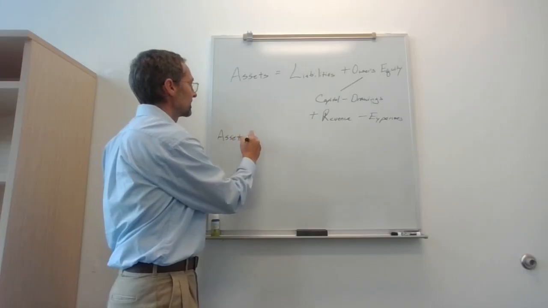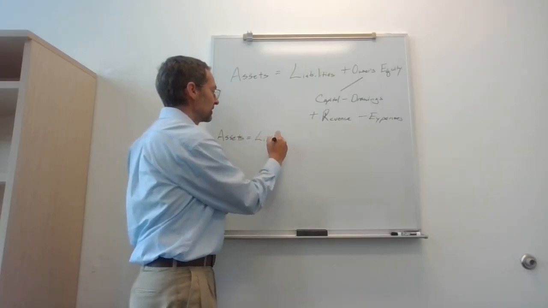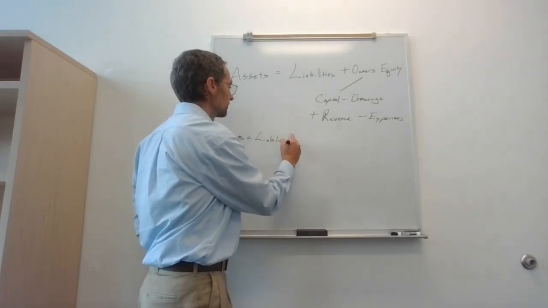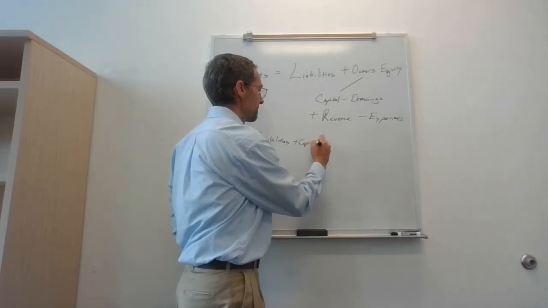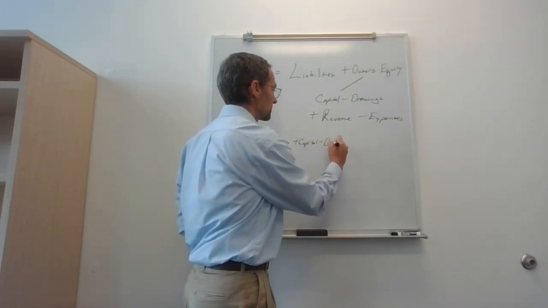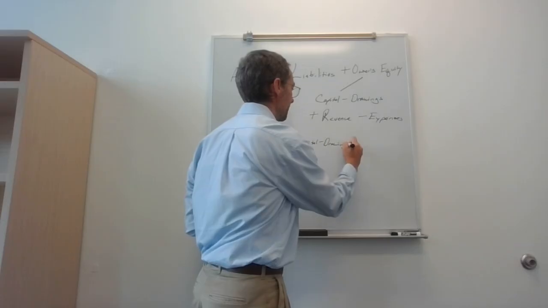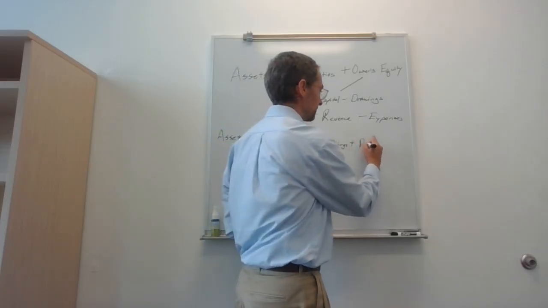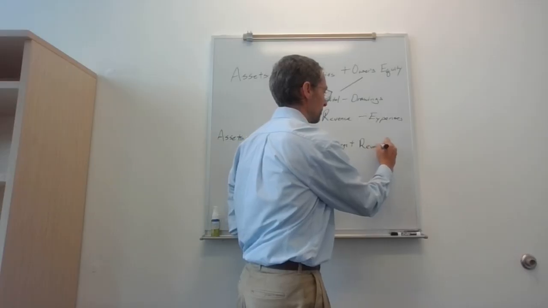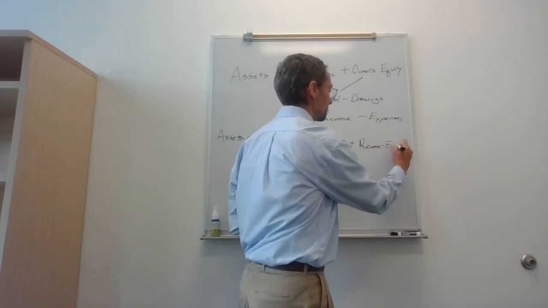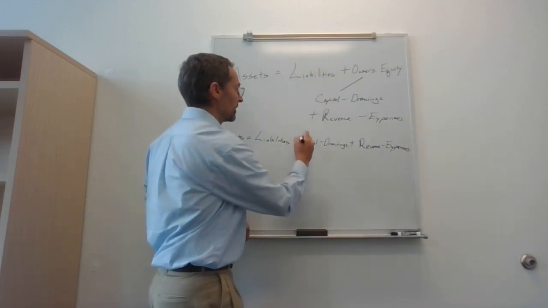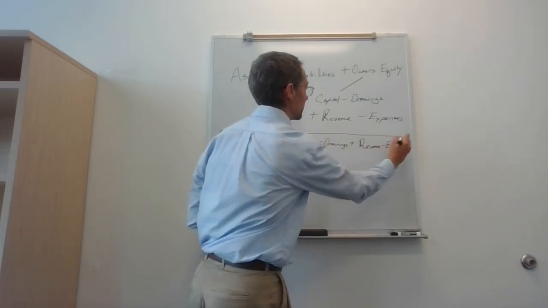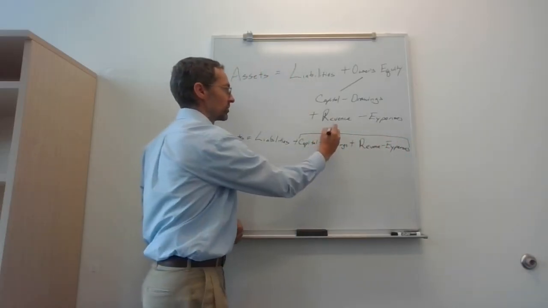So assets equals liabilities, and then I'll say plus capital, minus drawings, plus revenue, minus expenses. I have to keep in mind, though, that this entire thing right here is owner's equity.